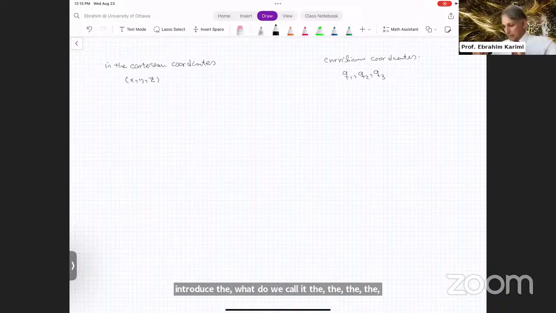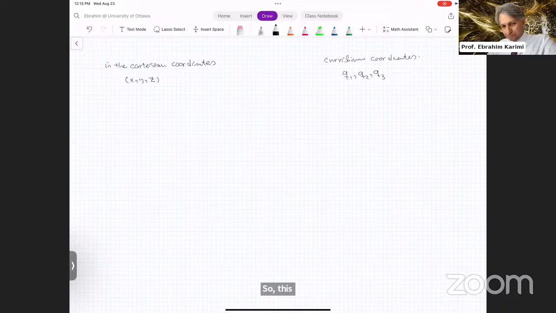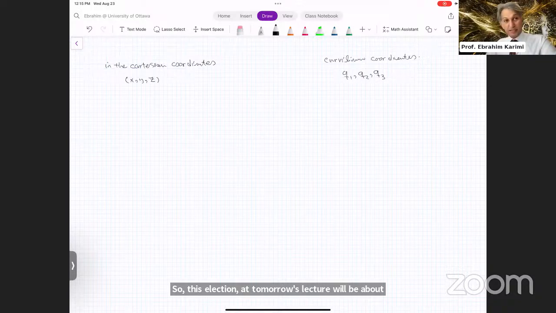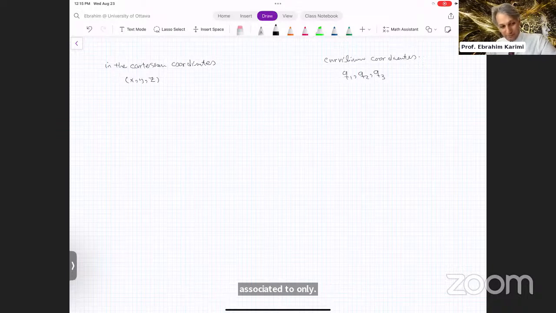So this lecture and tomorrow's lecture will be about tensors. I will not generalize it to any space. Yesterday some students asked whether this metric is associated only with geometry, and I said no, it also depends on the space that you introduce. It can even be for polynomials.